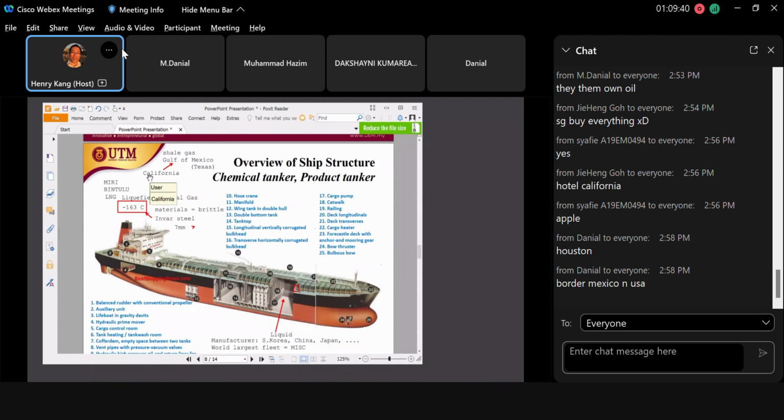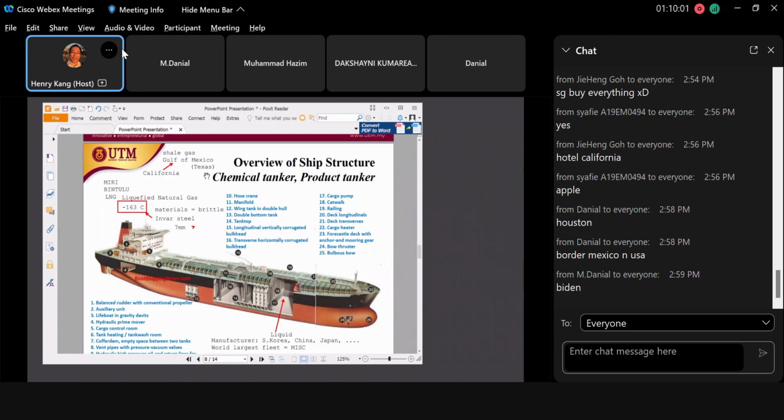The more advanced ones. But the traditional ones, such as Texas, are controlled by the Republicans. So who is from the Republicans? Donald Trump is from the Republicans. Who is from the Democrats? Joe Biden.